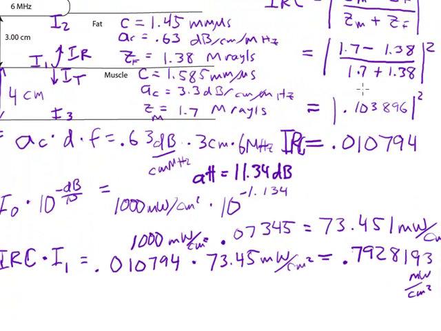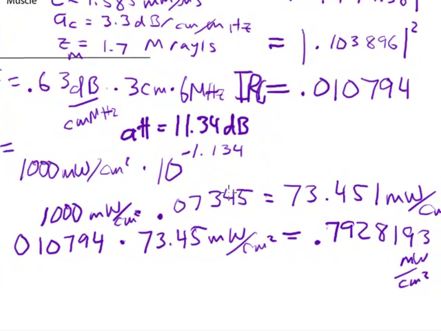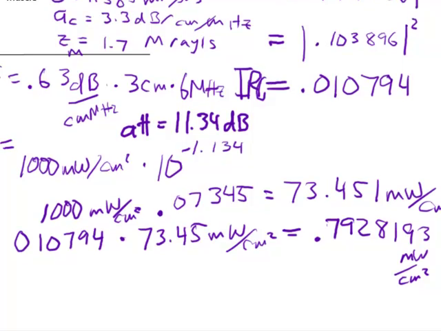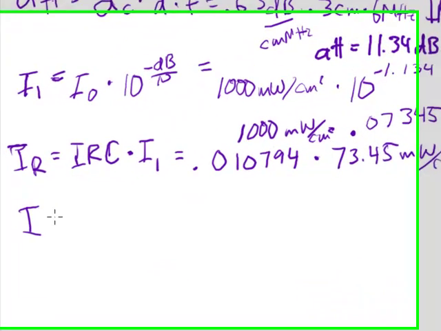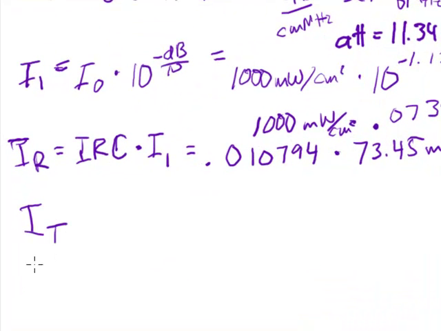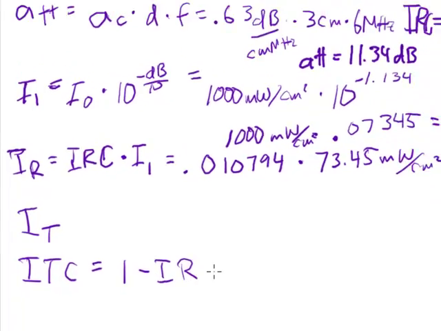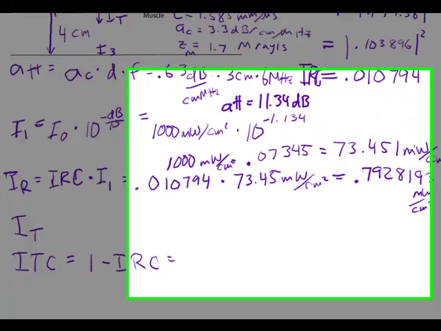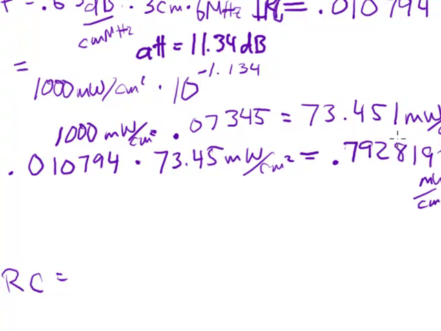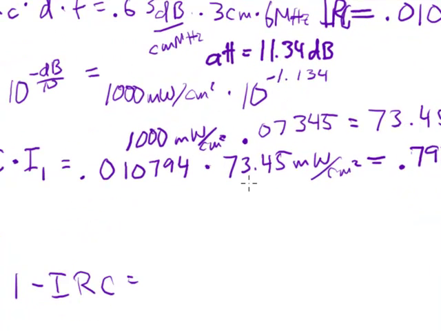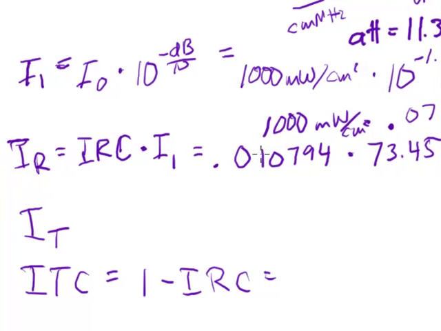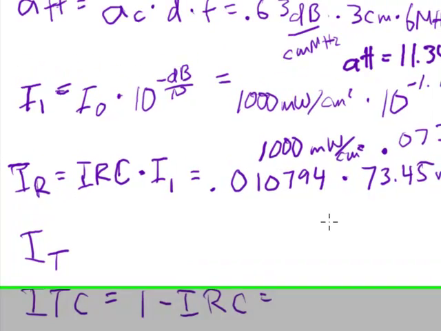Now remember that the intensity transmission coefficient is equal to 1 minus the reflection coefficient. And so actually I could just take the difference between these two values and determine the transmission, or I could take 1 minus the IRC, so let's do it that way.